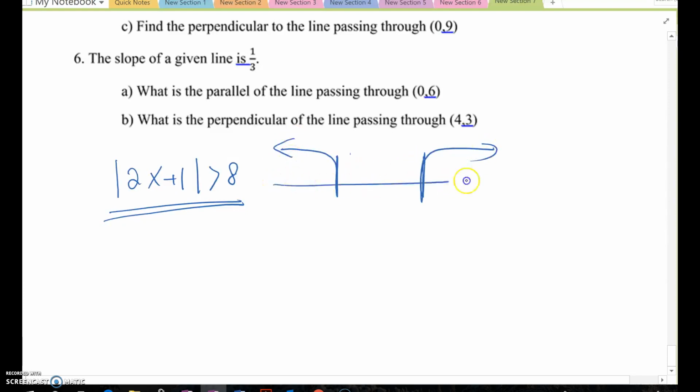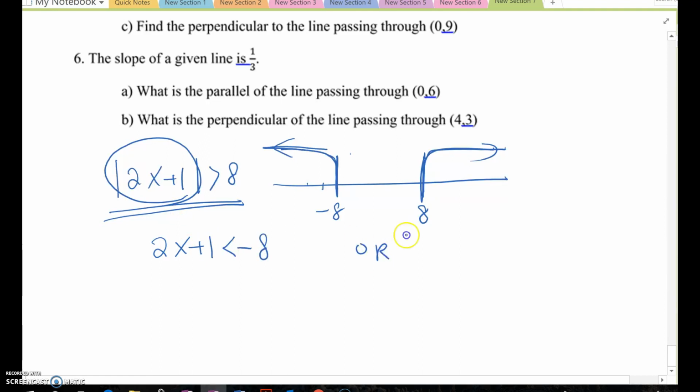Which means on the number line, based on negative 8 and 8, the interval must be below negative 8, such as negative 9, negative 10 like that, or bigger than 8. Therefore you can set up this inequality: 2x plus 1 is less than negative 8, or 2x plus 1 is bigger than 8.